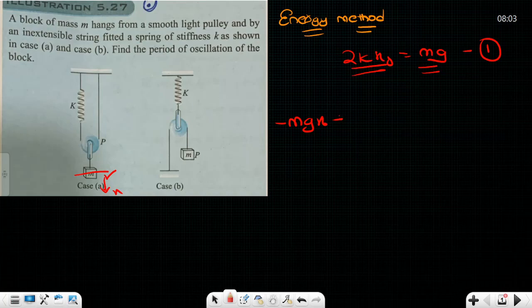And since it's moved down, it will get some velocity. Half mv square is the kinetic energy of mass m. Now the potential energy of the spring, half k into, already it is having an x naught elongation. Along with that, since the mass m has moved down x length, the spring will elongate by 2x length, is equal to total energy.